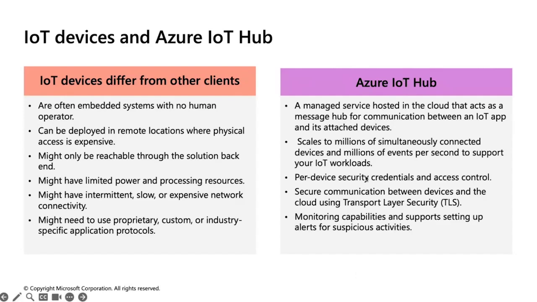Also, Azure IoT Hub can provide you TLS-based secure communication between devices and this IoT Hub for better security. And based on that, for the messages we are processing under this message hub, we can use monitoring and Microsoft Defender for IoT to analyze suspicious activities, because the messages from devices are flowing through IoT Hub to the IoT application.